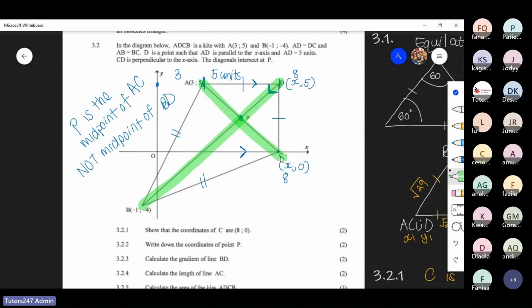So a half cross, that's your area of a kite formula: a half times the big diagonal times the small diagonal. We've already calculated the length AC. All we now need to do is calculate the length BD, and then we can find our area. So let us do that.